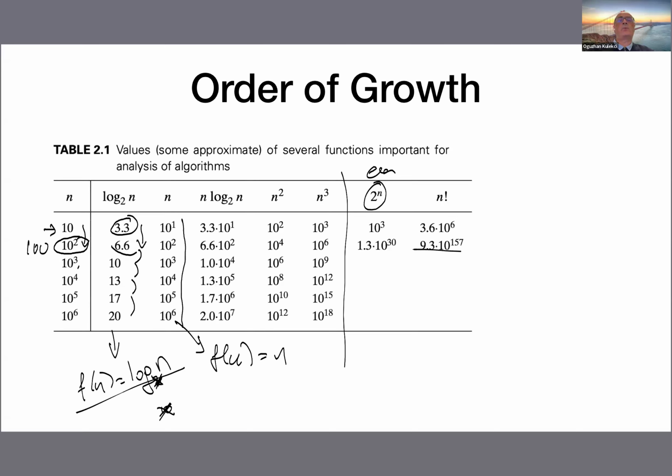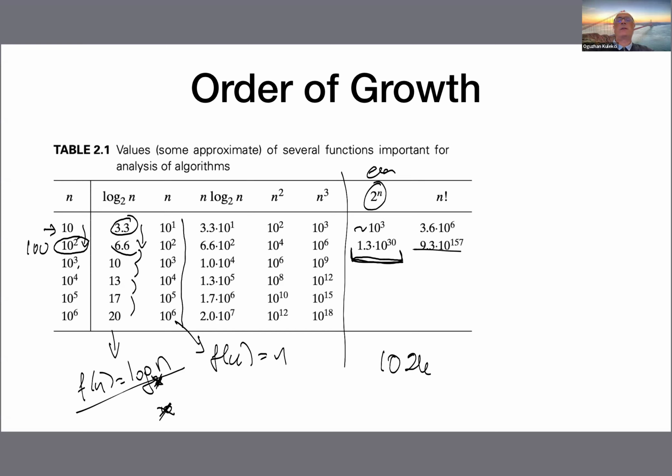So when n is equal to 10, 2 to the power of 10 will give me 1024, and it's approximately 1000. When you just square this input size, 2 to the n becomes something really, really very huge.